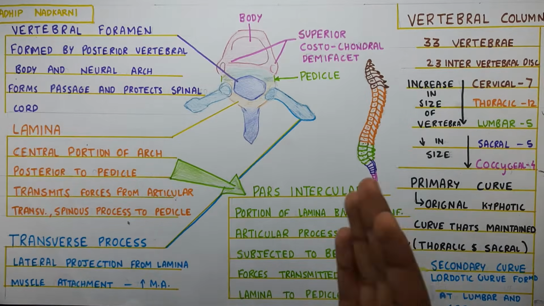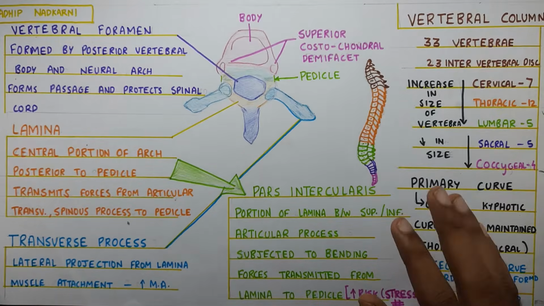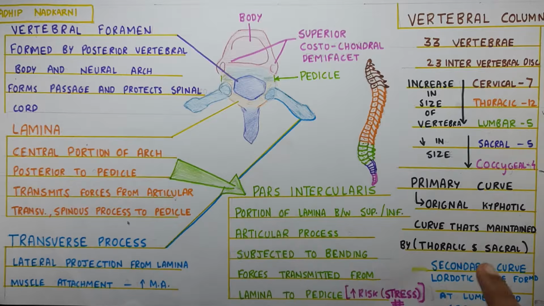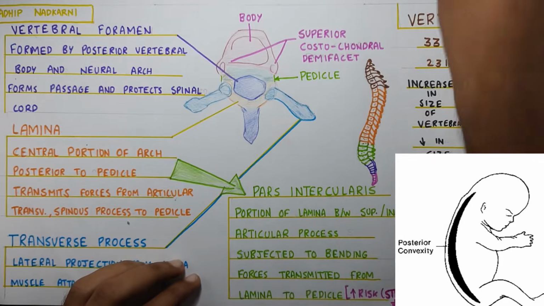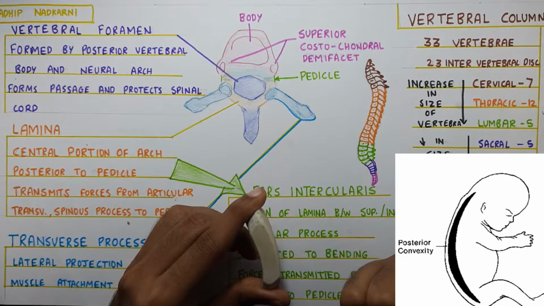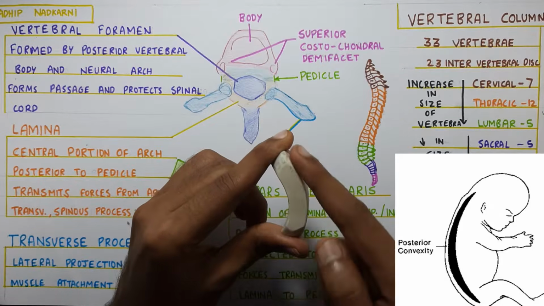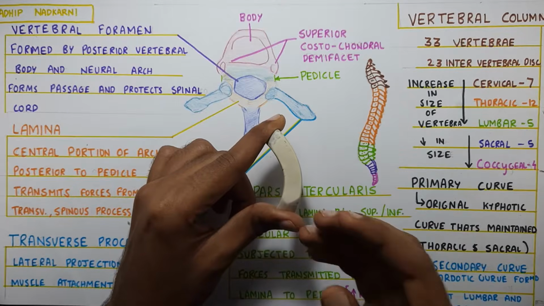Now there is something called the primary curvature and a secondary curvature in the spine. When you are born, your spine is totally kyphotic. Now what do I mean by kyphotic? A kyphotic curvature is basically when your posterior part, that is the back side of you, is convex, whereas the anterior part is concave. Okay, so that is a kyphotic curve.